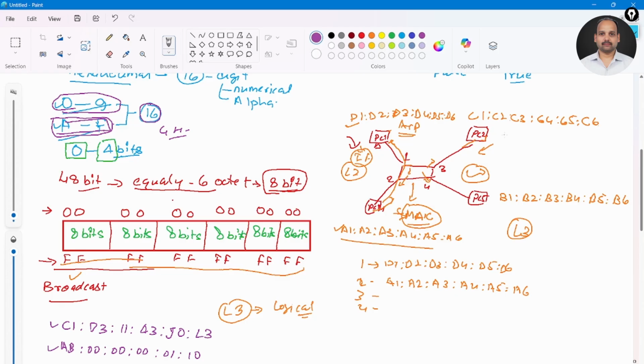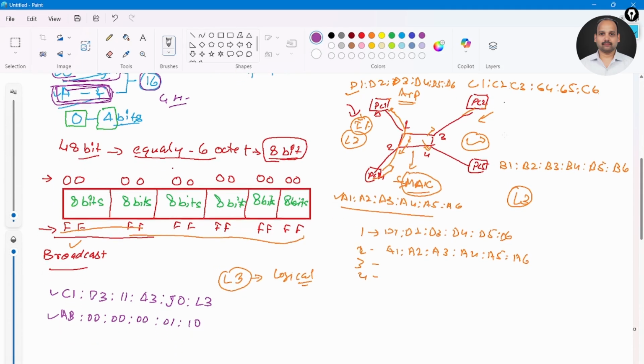So the 16 digits can be 0 to 9 numeric or A to F alphabetical. Whenever you go for an interview or you are troubleshooting, and someone gives you invalid or wrong information, you have to check it one by one and troubleshoot it.